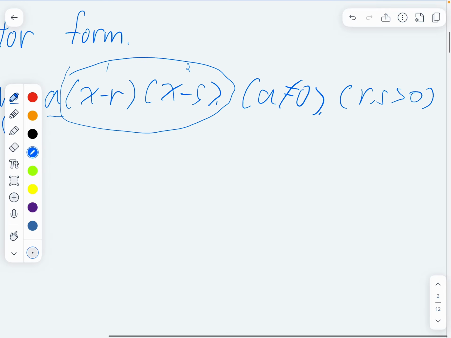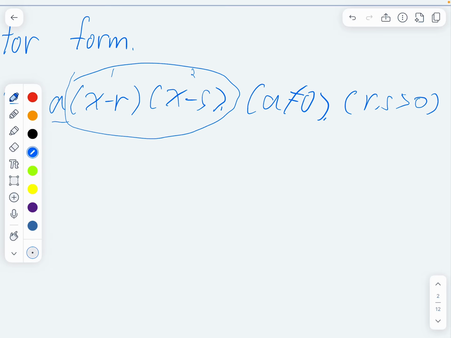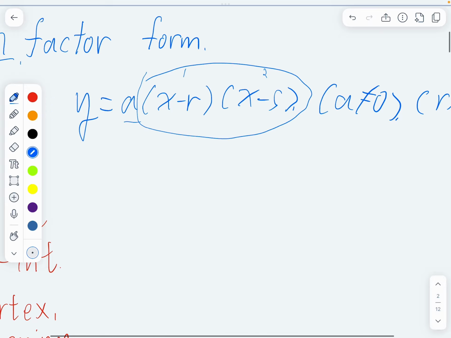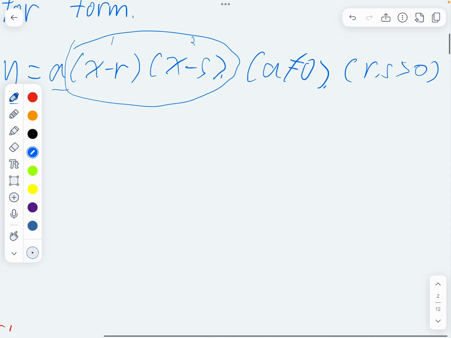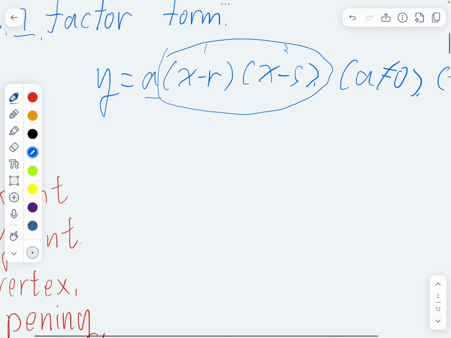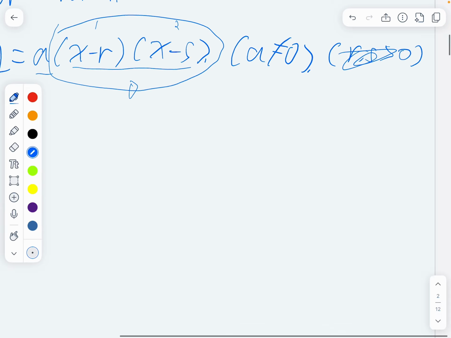But we need to make sure that a cannot be 0, because when a equals 0, then 0 times the rest is nothing.